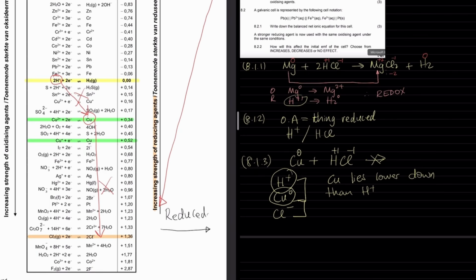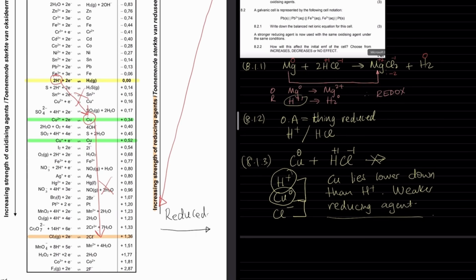And since it lies lower down, it means that it's a weaker reducing agent, and since it's a weaker reducing agent, there's no reaction that's going to occur.